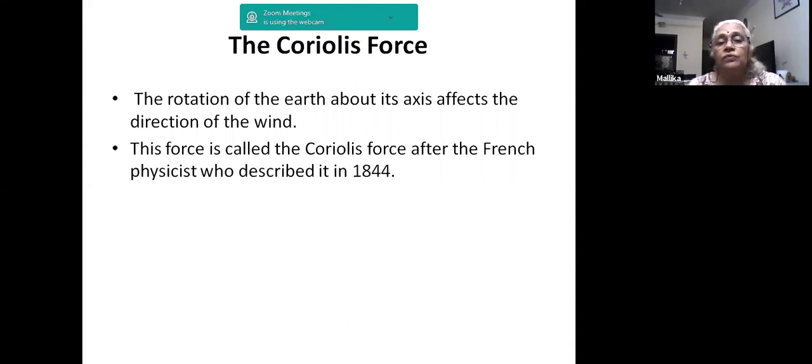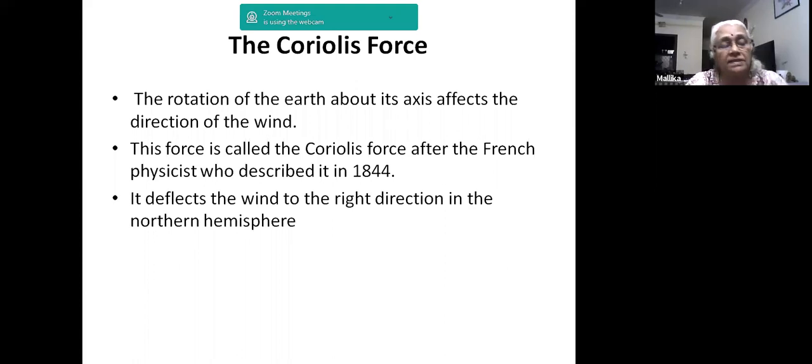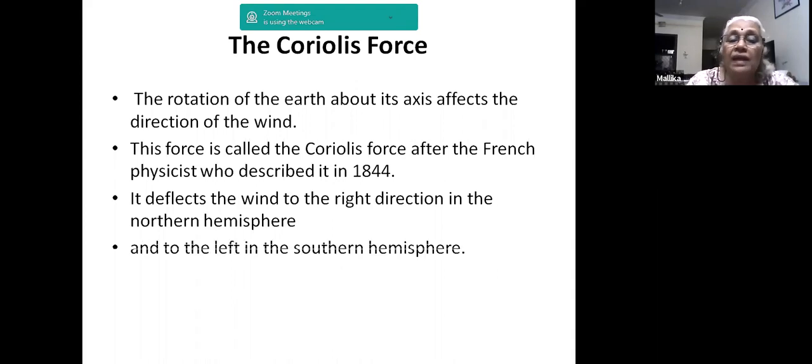Right. So this force was discovered by a French physicist, after whom it was named, in 1844. And it causes the deflection of the wind to the right in the northern hemisphere and to the left in the southern hemisphere. Okay.